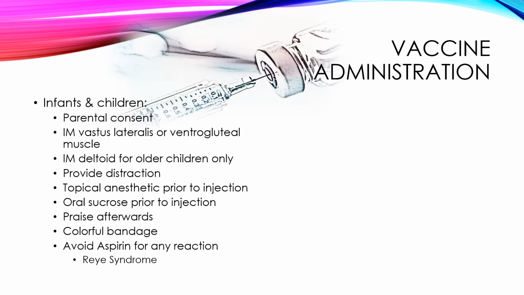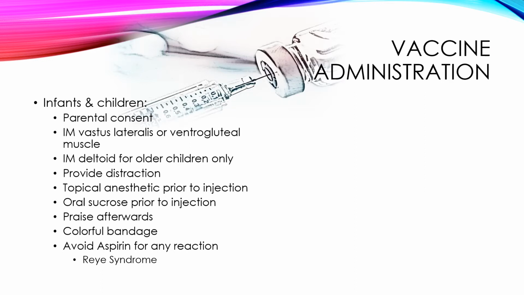When we are providing a vaccine administration to a child or an infant, usually we have to provide a distraction. That needle is going to be kind of scary. They don't know what it is, if it's the first time they've seen it, or if it's not the first time they've seen it, we need to provide a distraction for them.